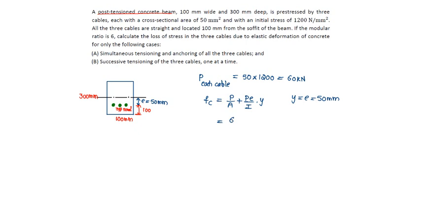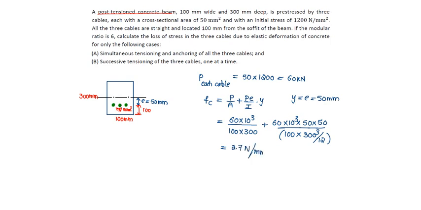So P is 60 into 10 power 3 in newtons by area, 100 mm into 300 mm, plus P is 60 into 10 power 3 in newtons into eccentricity 50 mm into Y also 50 mm by I, which is BD cube by 12. So B is 100 into D is 300 cube by 12. That will give us stress at the level of steel in one wire, that is 2.7 Newton per mm square.